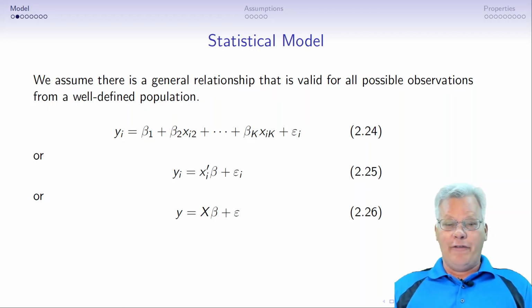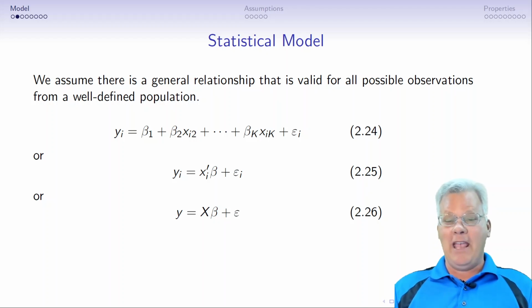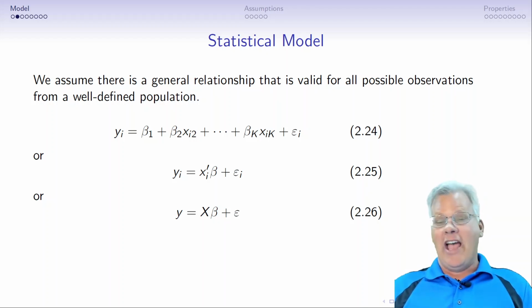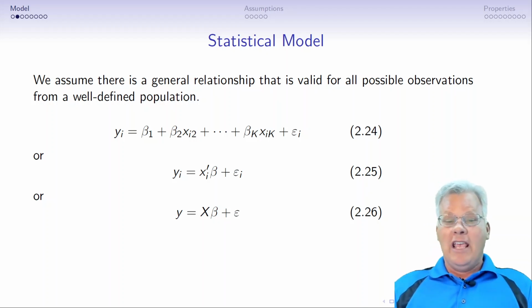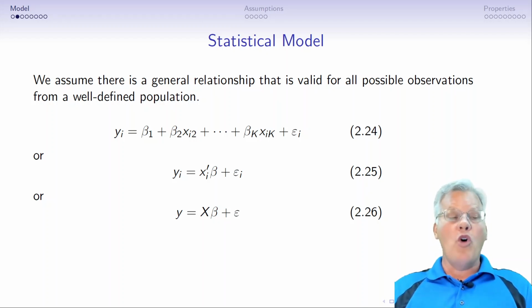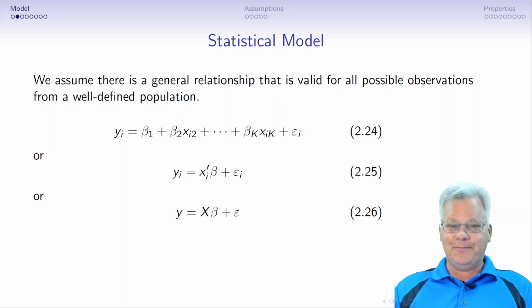So what we're going to define is y sub i, which is a scalar, the ith observation of y, is equal to x sub i transpose times beta plus epsilon i. So x sub i transpose, what we're going to find out on the next slide when I expand this notation out, is a column vector, a row vector of the ith observations of the data set.